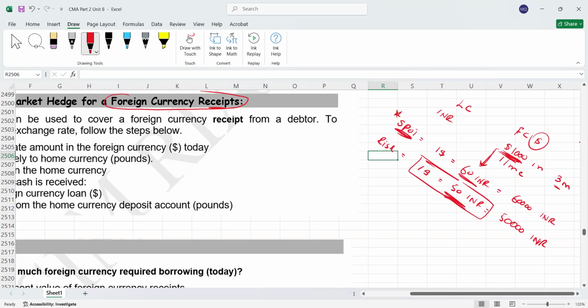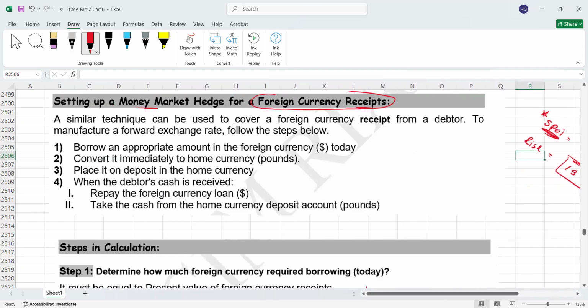Practically I don't have this $1,000, because I will receive it in 3 months' time. But I want to convert $1,000 into Indian rupees today. So what can I do?